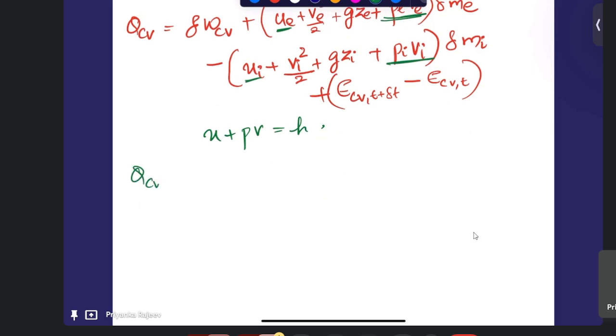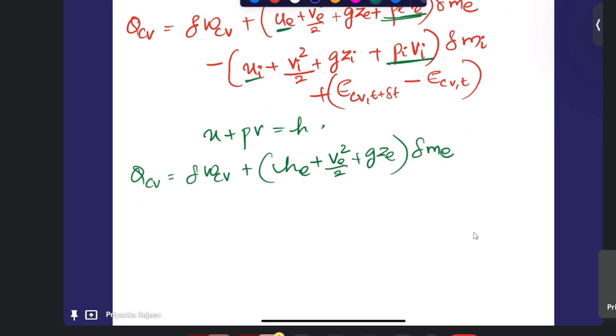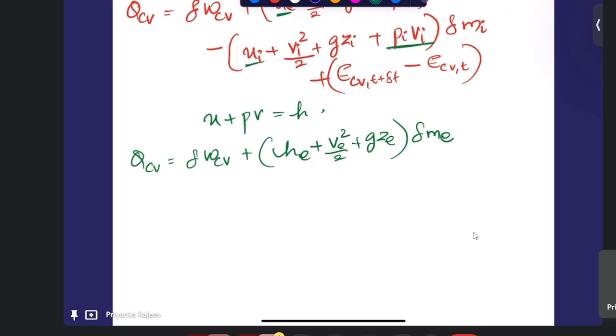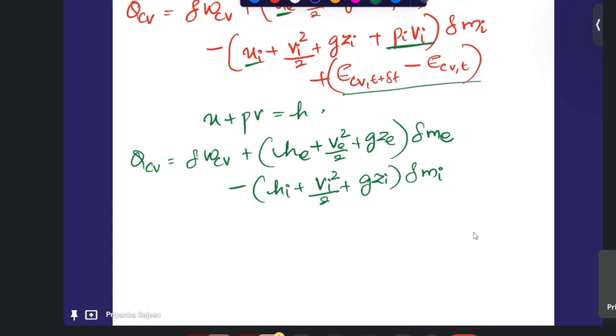So QCV equal to delta WCV plus HE plus VE square by 2 plus GZE delta ME, then minus HI plus VI square by 2 plus GZI times delta MI, then this term plus ECV at T plus delta T minus ECV at T.